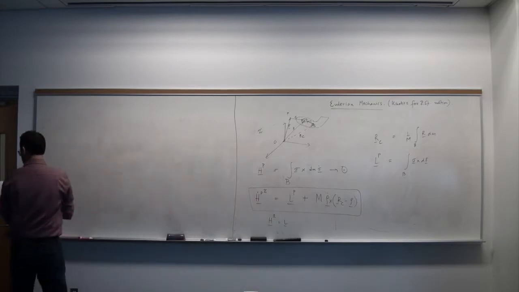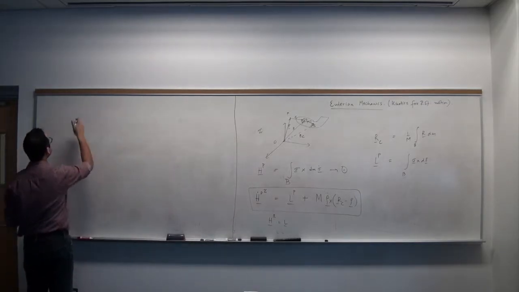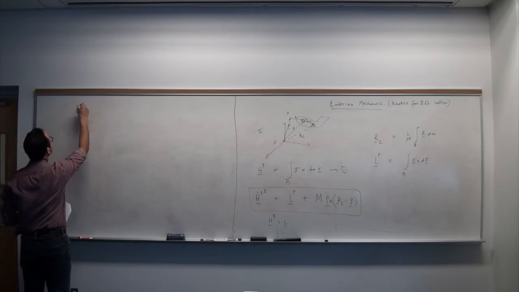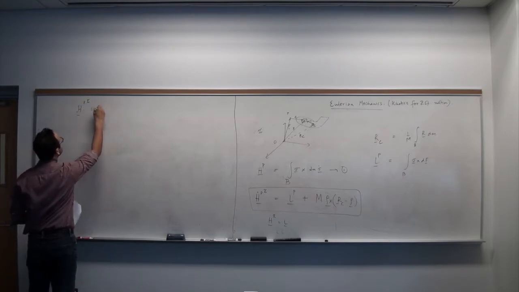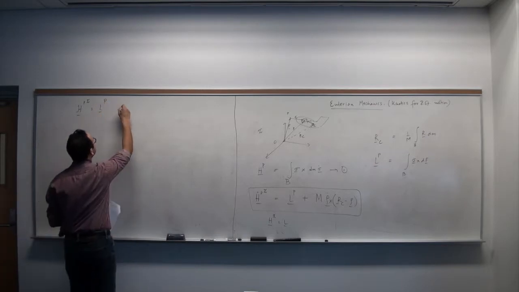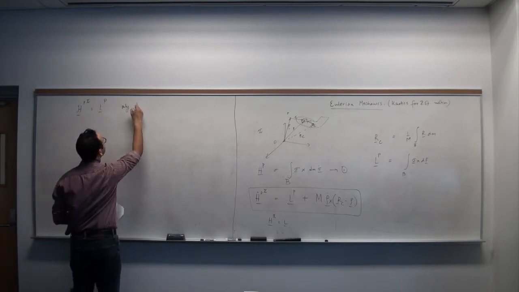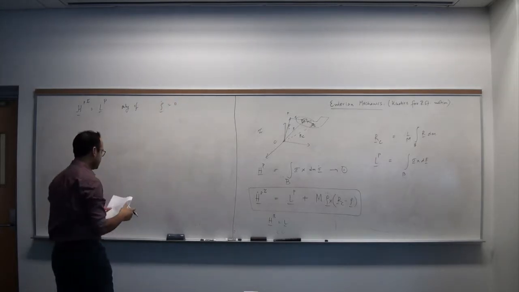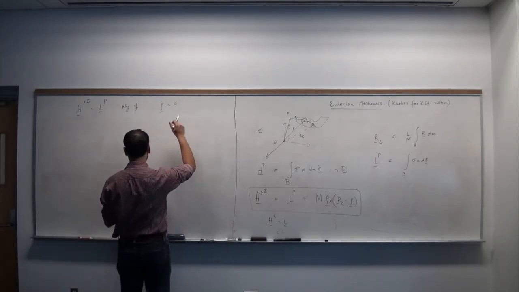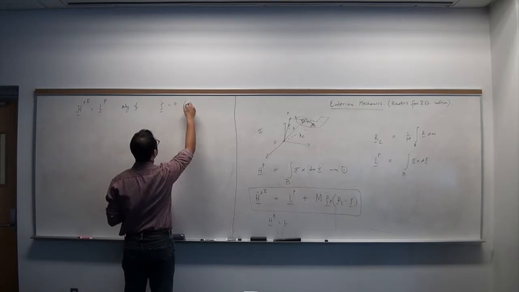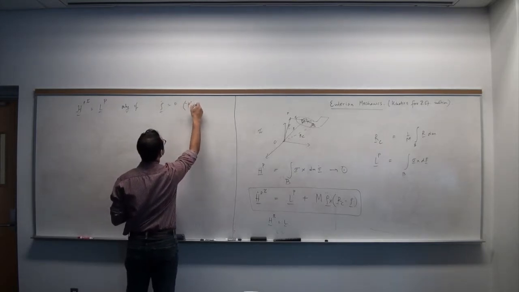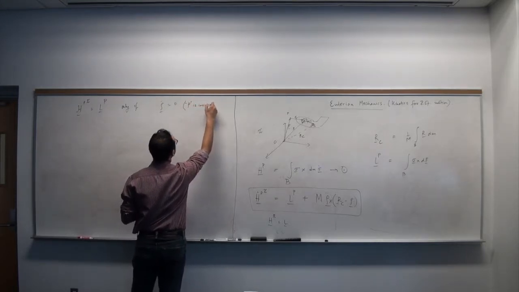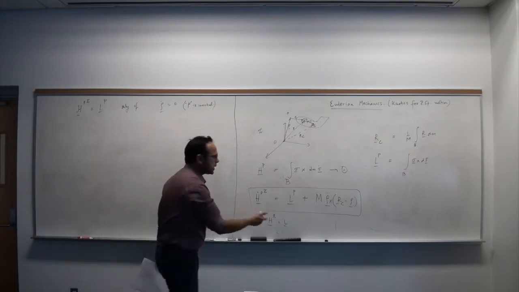So the rate of change of angular momentum, inertial rate of change, is going to be equal to the moment only if rho dot is equal to rho double dot is equal to 0, which is the case when P is inertial.